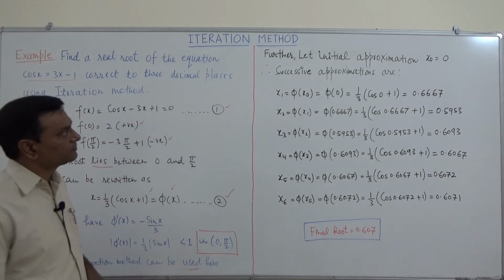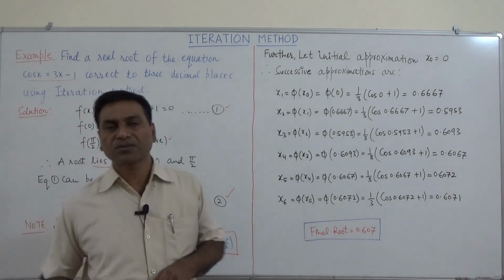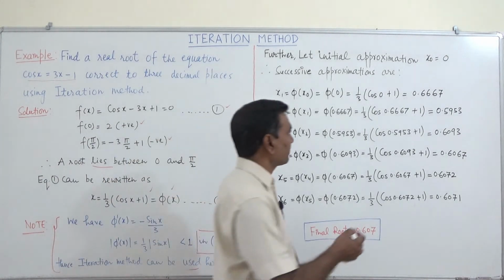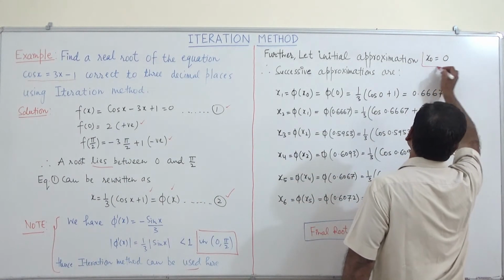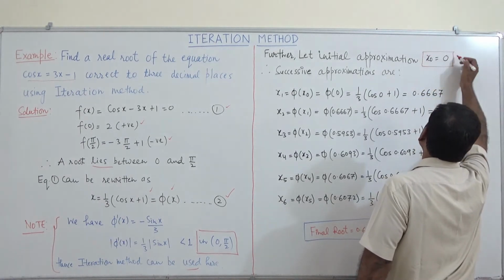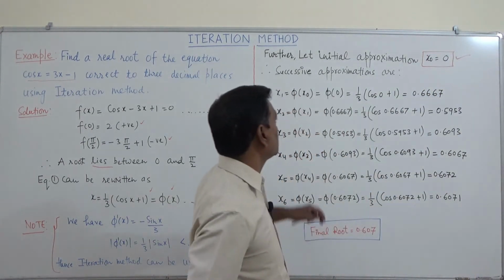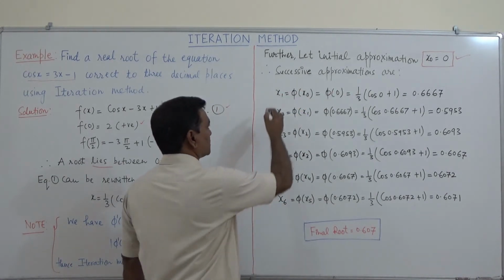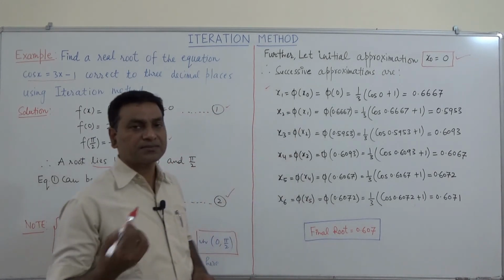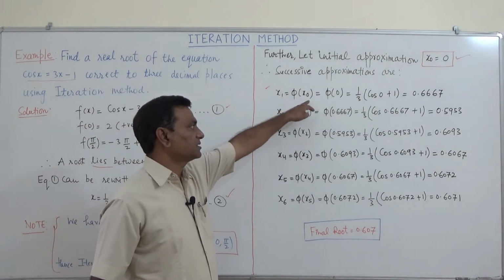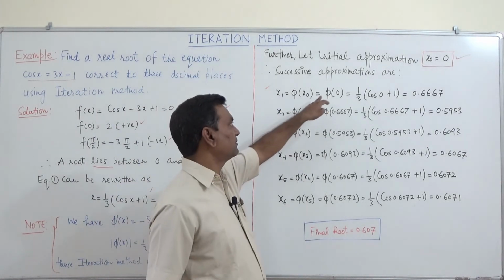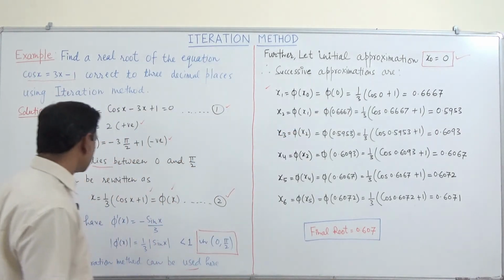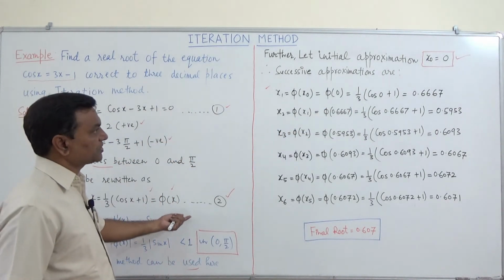Now let the initial approximation start from 0, so x0 = 0. The successive approximations can be calculated as follows. The first approximation is x1 = phi(x0) = phi(0). We put this 0 in equation number 2.